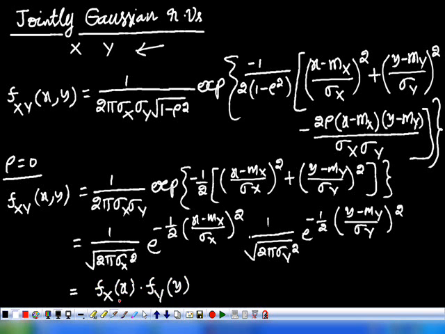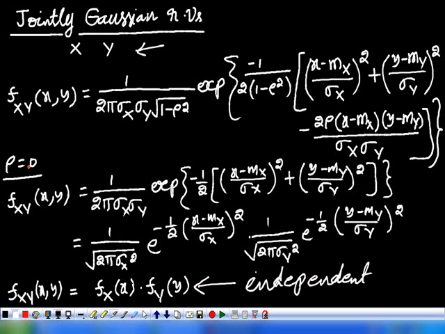What is fx of x? It is the marginal density of x. fy of y is the marginal density of y. What is the relation that we obtained? fxy of x comma y is equal to fx of x multiplied with fy of y. If this condition is satisfied, the two random variables are said to be independent.